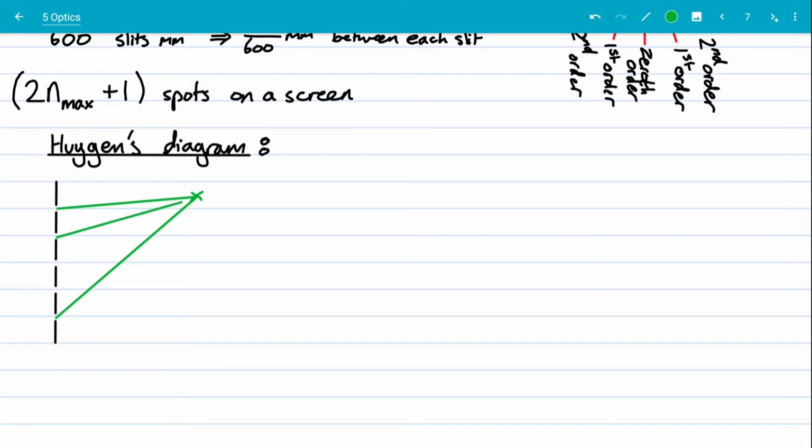And I could have the light coming from here and the light coming from somewhere else where it will interfere destructively. Because there's an infinite number of slits, I'm going to be able to find one where we get destructive interference to match every other slit. So in a way, you'd think, well, there's going to be no light there at all. There can't be any light observed to the right-hand side at all.